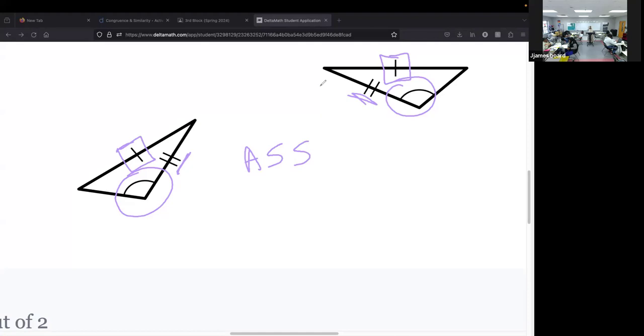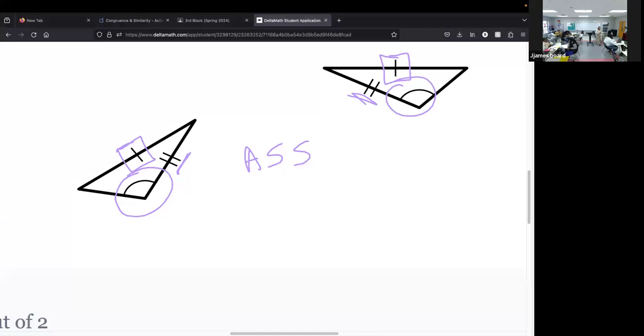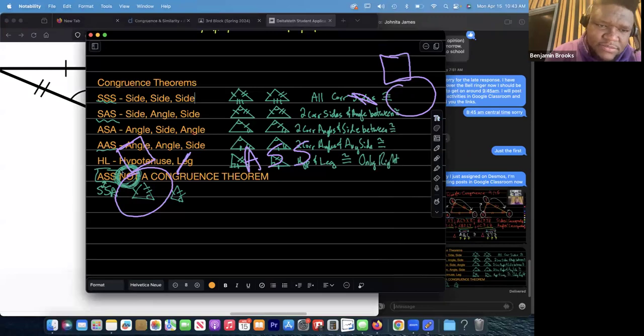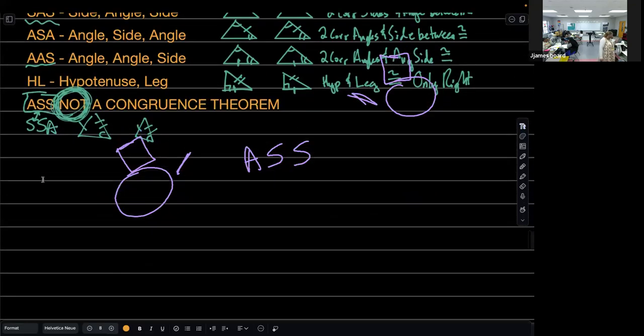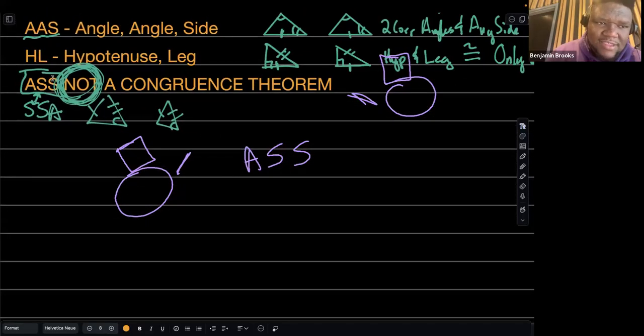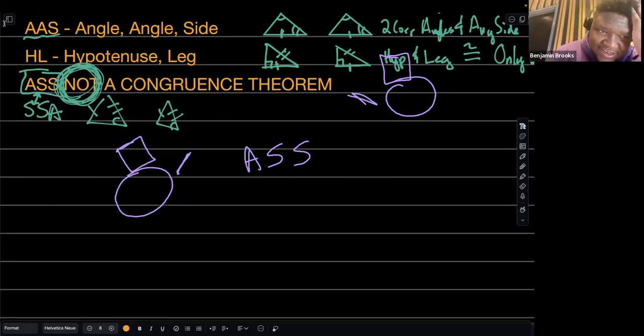Why? Look at what we have. Look back at your paper. What is the only one that's not congruent? We can't have a what? That's the last one on there. We can't have an S. That doesn't work.